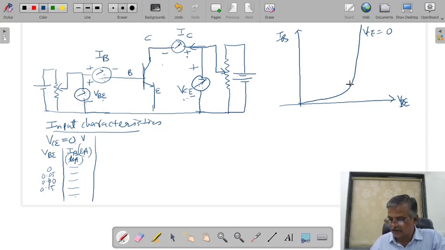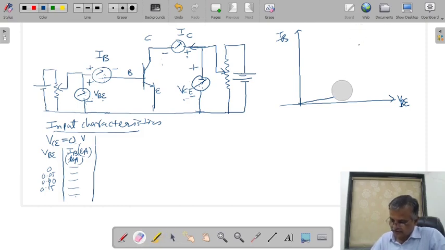So what this graph indicates, that I will tell you.